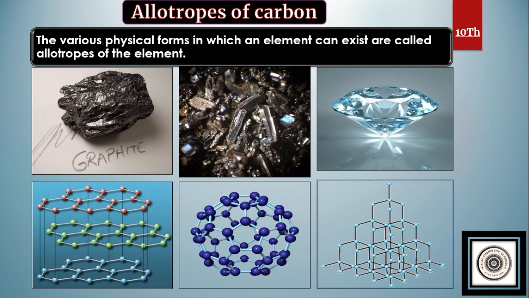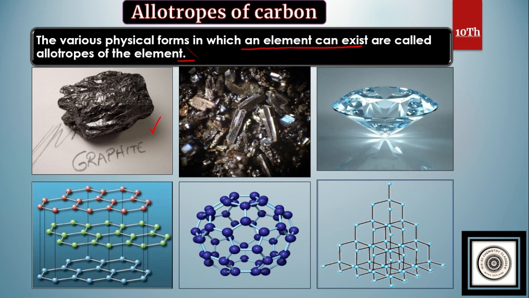Let's move ahead. We have discussed allotropes of carbon. So let's first understand the definition of an allotrope. The various physical forms in which an element can exist are called allotropes of the element. Okay, so different forms can be there. If we talk about carbon, carbon exists in 3 different forms in nature. Let's understand the different types and remember their names.